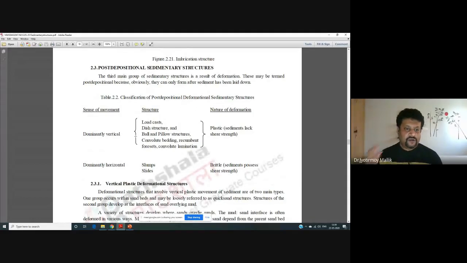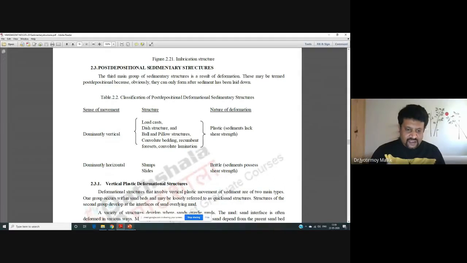Okay, the important one, which we just talked about, penecontemporaneous deformation structures. Penecontemporaneous deformation structures are, as I said, while the sedimentation is happening, if there is a sudden shock or some sort of deformation happening, you generally develop these sort of structures.